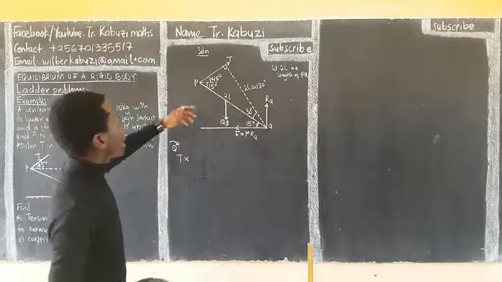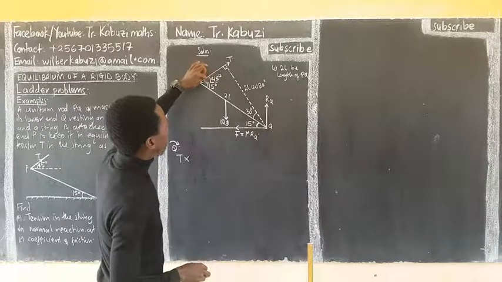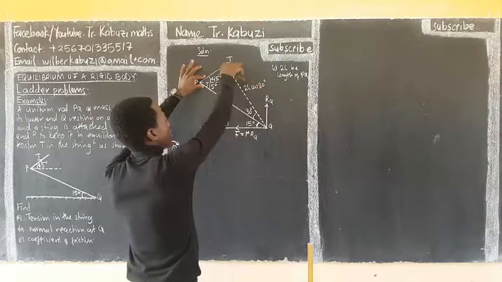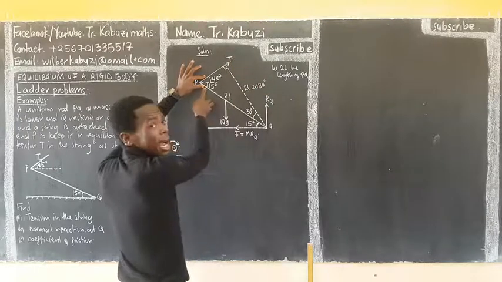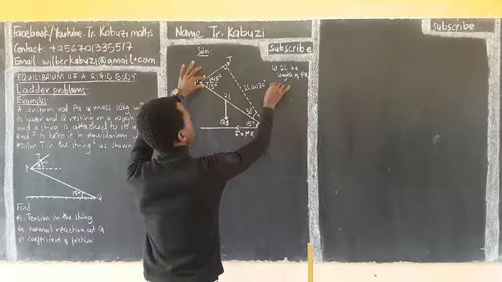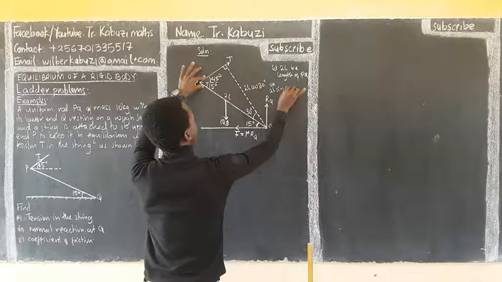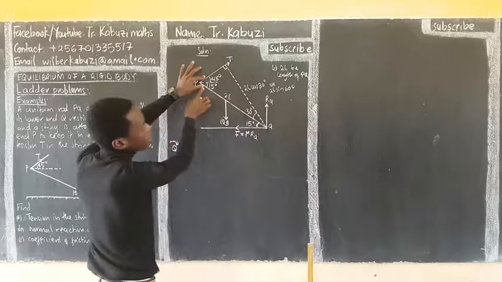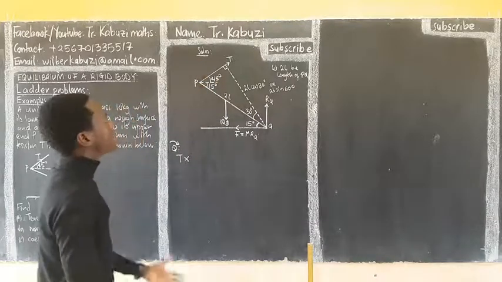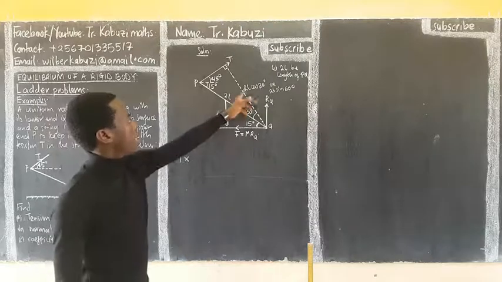The other way, if you use the angle 60, this one is the opposite, so it can be 2L sin 60 degrees. It's up to you, either will do, but let us take the one with 30 degrees.